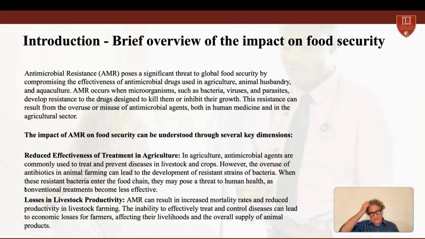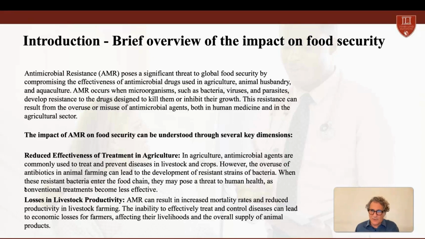There are also losses in livestock productivity. So this resistance means that if we continue to give antibiotics to some specific animals, and these animals develop resistance inside their body, the antibiotics that we use, for example, in a second treatment, don't work.